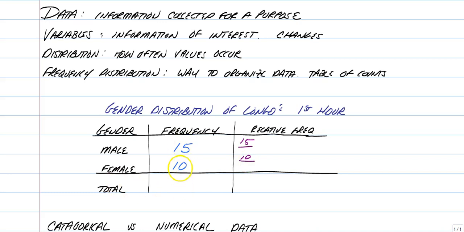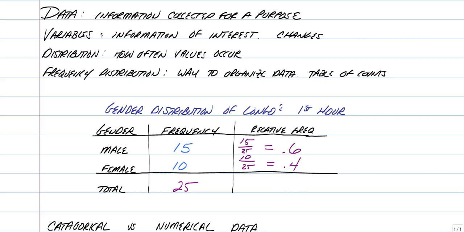Well, 15 plus 10 gives us 25, so we would be dividing both of these by 25. So 15 divided by 25 is going to give us 0.6, and 10 divided by 25 gives us 0.4. So our relative frequencies would be 0.6 and 0.4.